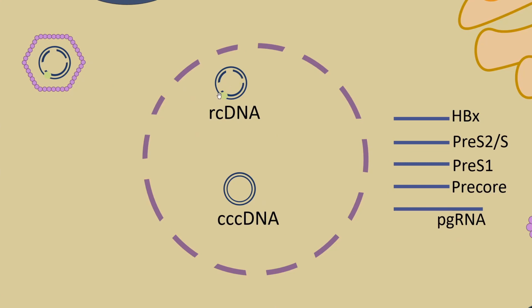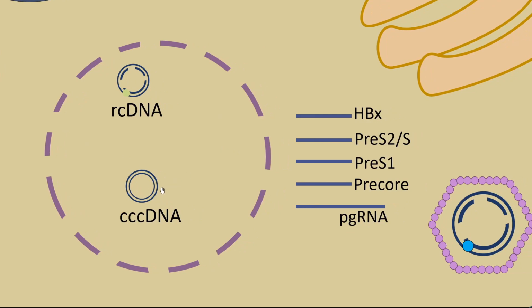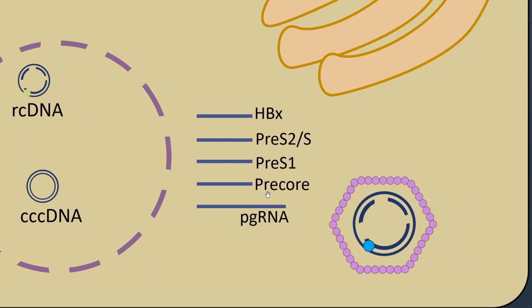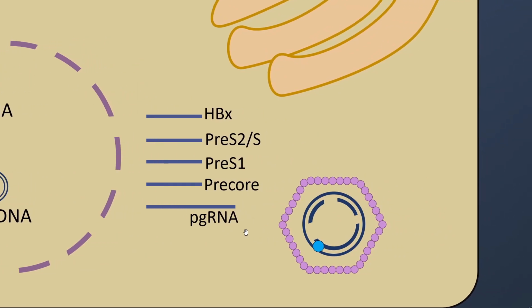Here this polymerase separates, and rcDNA through human DNA repair mechanism is converted into covalently closed circular DNA, cccDNA, right? From cccDNA, different RNA transcripts are formed, and one of them is pgRNA or pregenomic RNA.